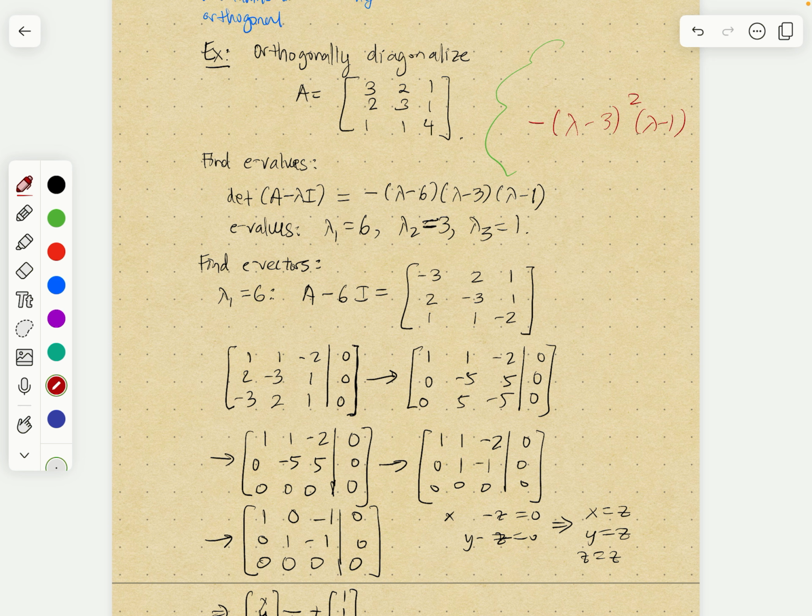And what you have to do to produce an orthonormal basis is to use the Gram-Schmidt procedure. So there's something called the Gram-Schmidt procedure, and that's a way to produce an orthonormal basis, and that's what you would have to do to produce the Q if your characteristic polynomial has a repeated root.